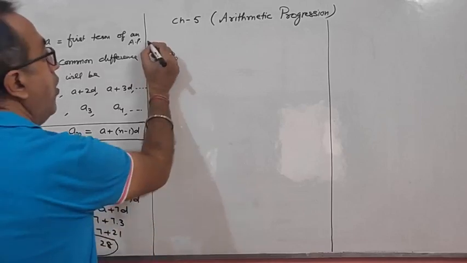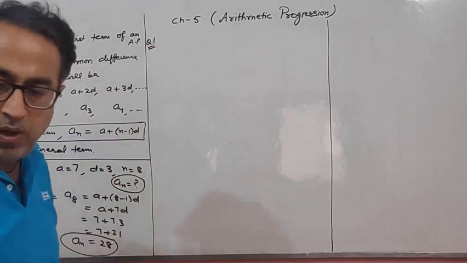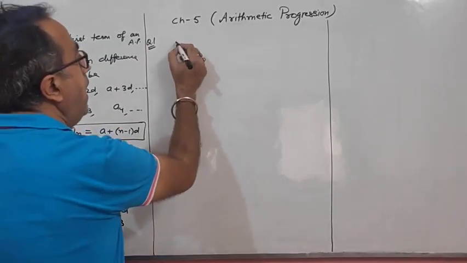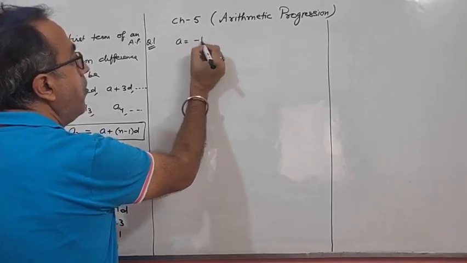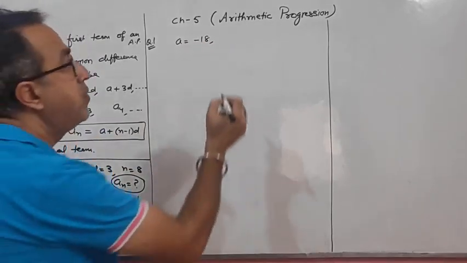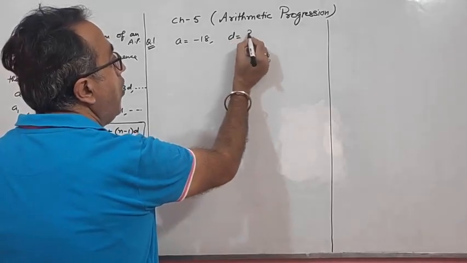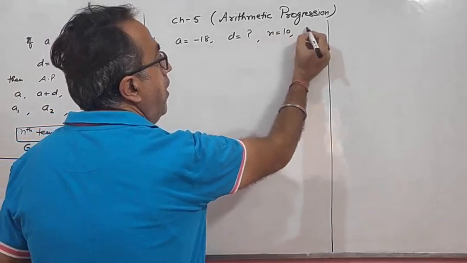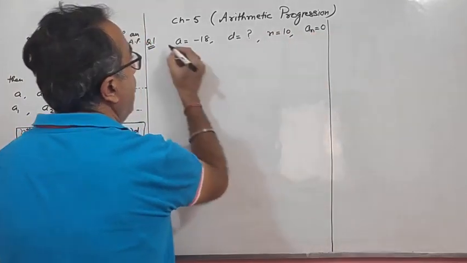Another part of the first question, the second part: A is minus 18, D we have to find out, D is not given, n is 10 and an is 0.